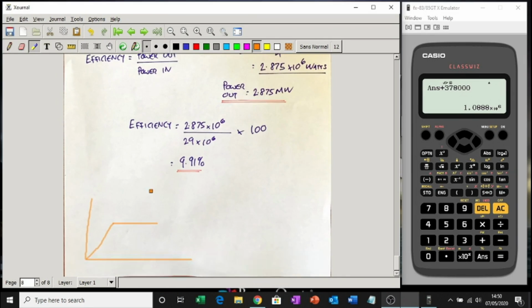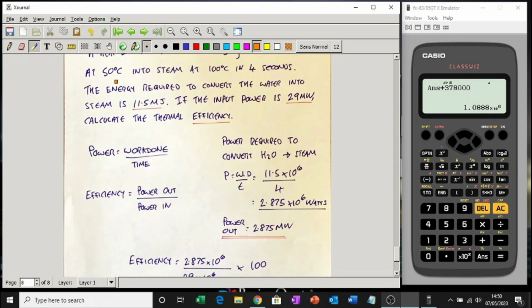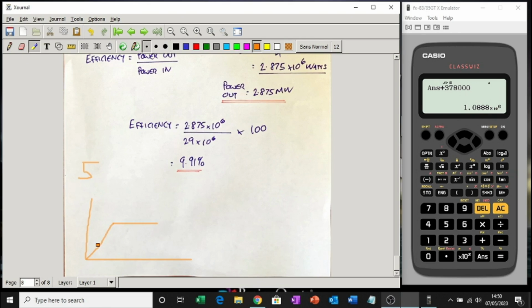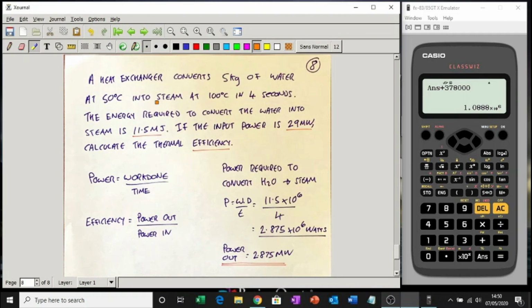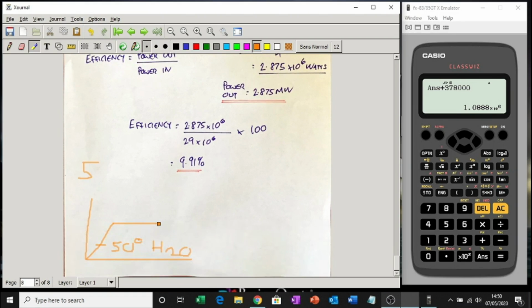So we've got 5 kilograms of water at 50 degrees C. So we'll say it's here. So this is water now, right? So it's water, H2O, at 50 degrees C, which is by there. So into steam at 100. So here.